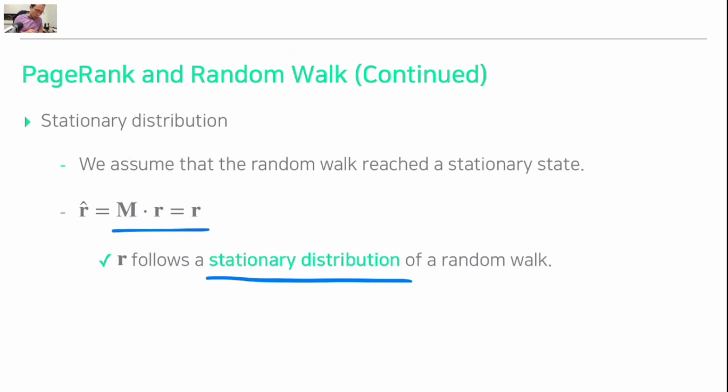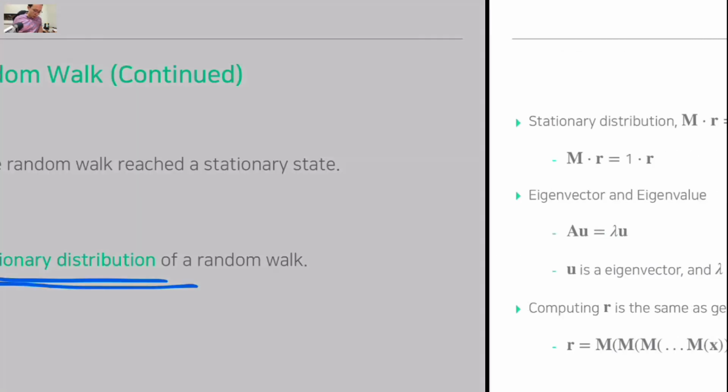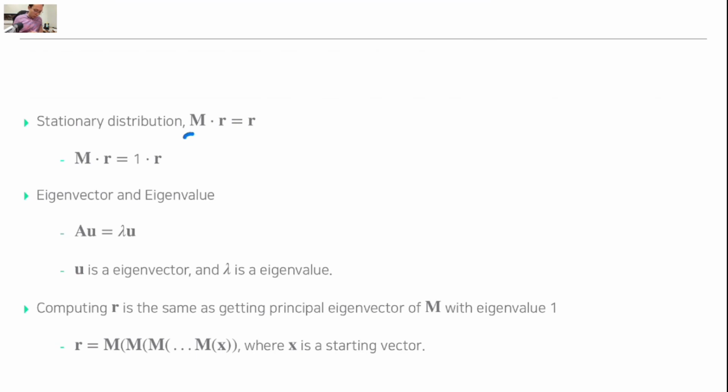That indicates that R follows a stationary distribution of the random walk. When you see this multiplication, we just put the constant 1. They're still the same, right? But it looks like an eigenvector eigenvalue computation, right?